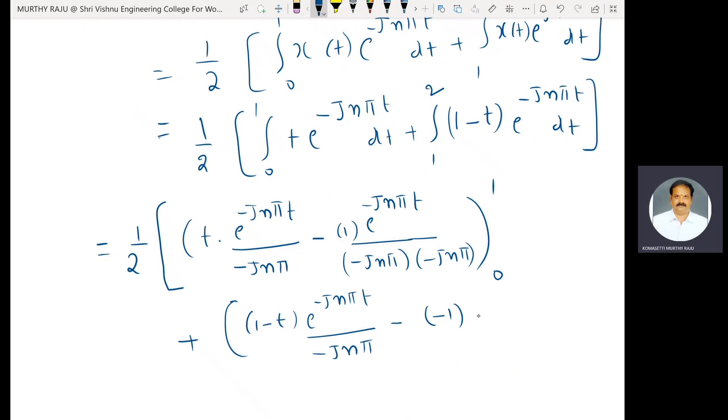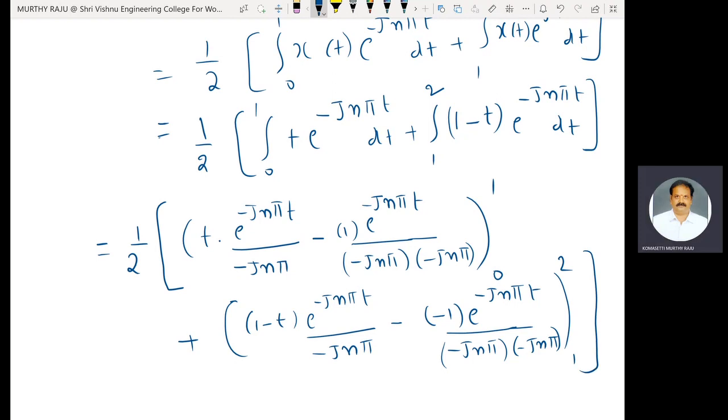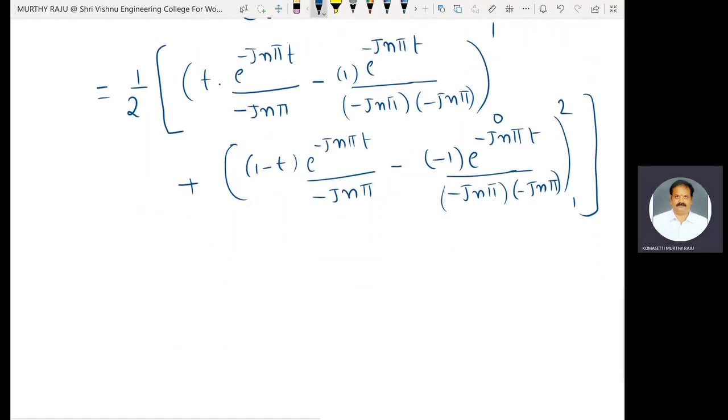Again integral of this entire function, e power minus j n pi t by minus j n pi, all over minus j n pi, from 1 to 2 entire closed, that is equal to 1 by 2.